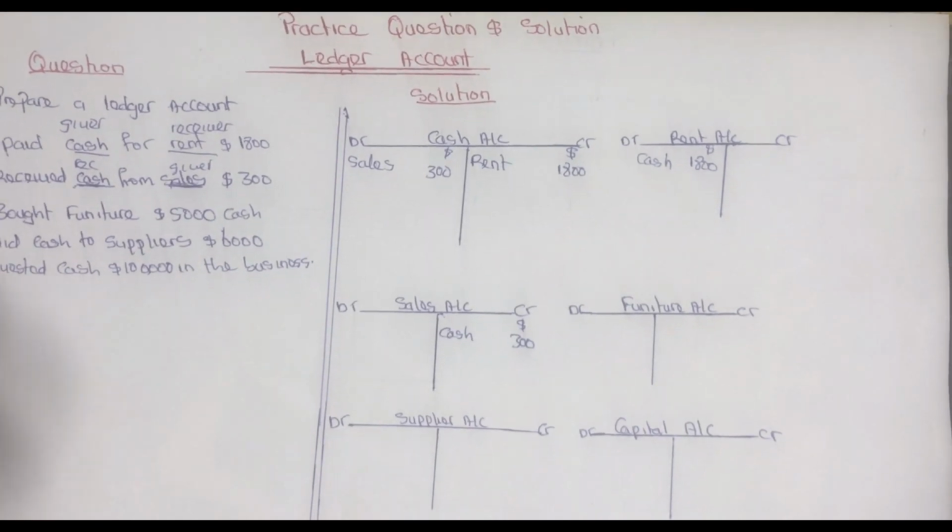So that is how the transaction is. So you identify the two accounts and you create different ledgers for a particular account. So that is how we do it.